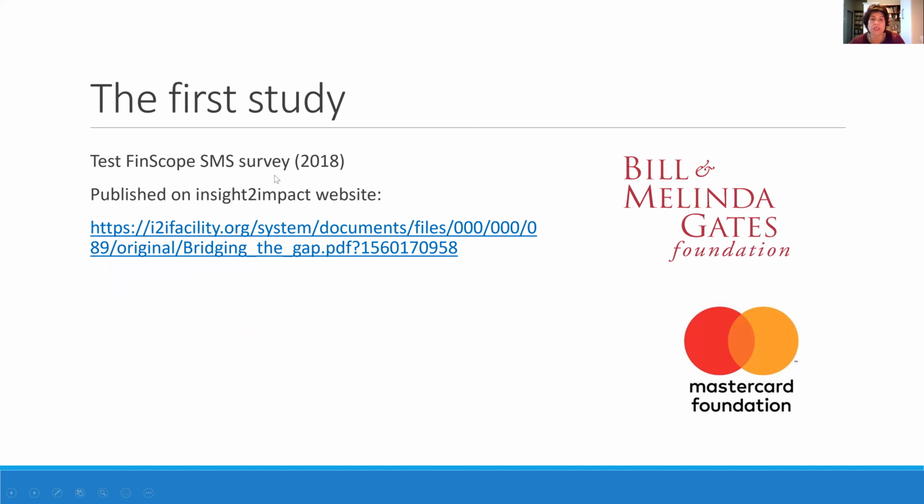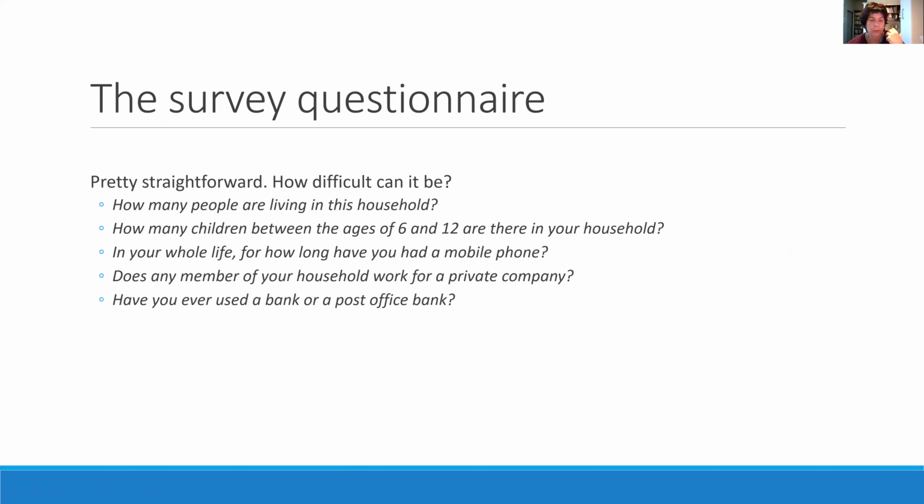Because it was an SMS survey, the questions were short because you were limited to 144 characters. There's the link if you want to read the complete information on that study. I'm going to tell you about some of it.